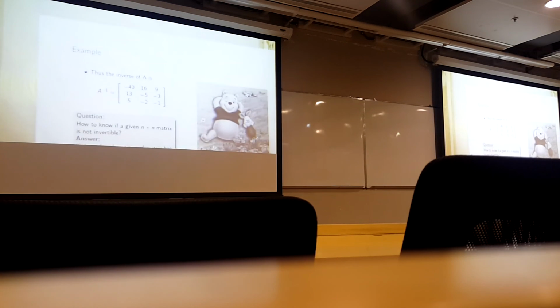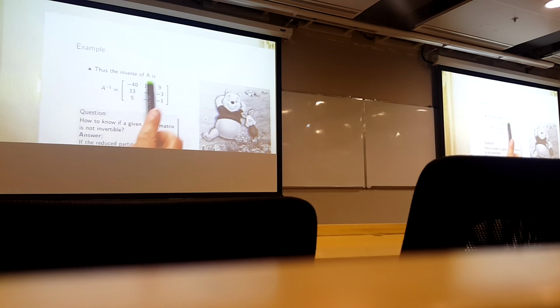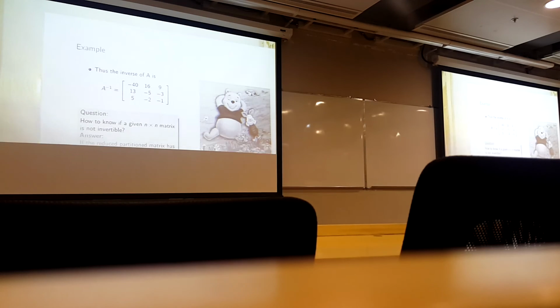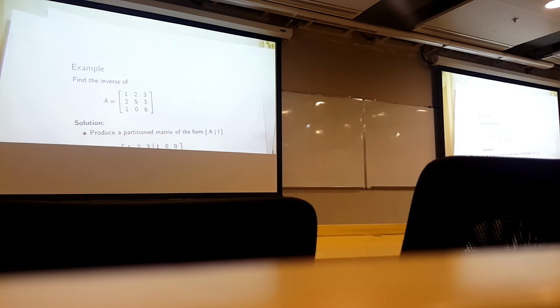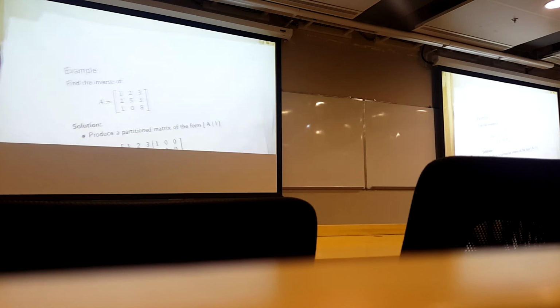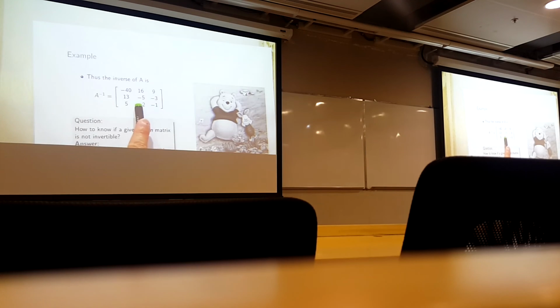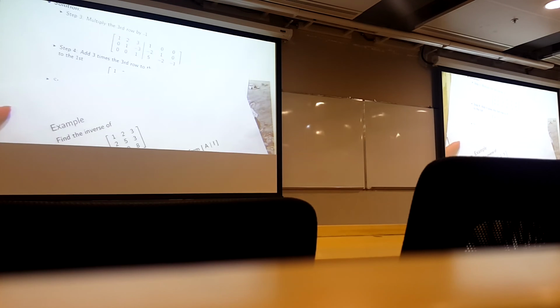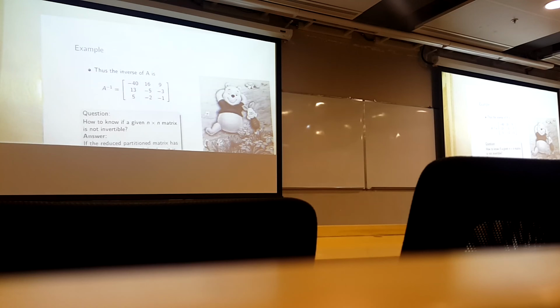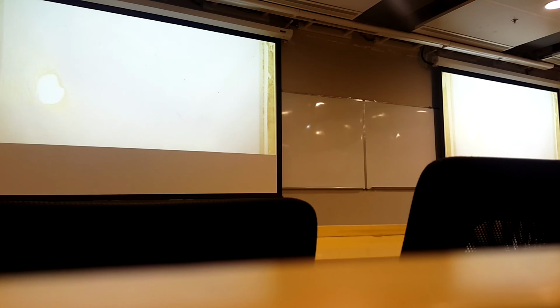Then we can write the original matrix is A, which is this one. Start with this matrix and do elementary row operations until this form. The right-hand side is this matrix's inverse. This is one of the ways to find the inverse.